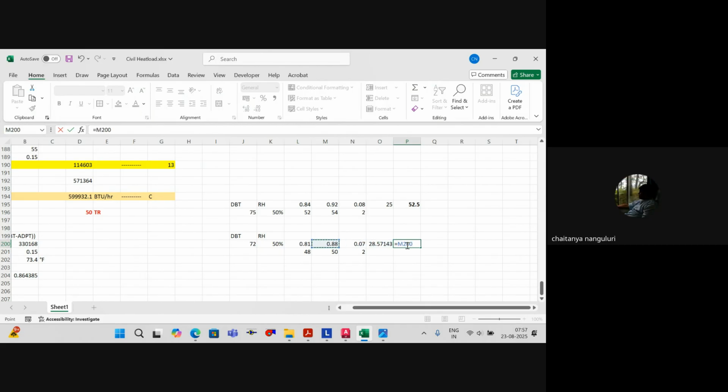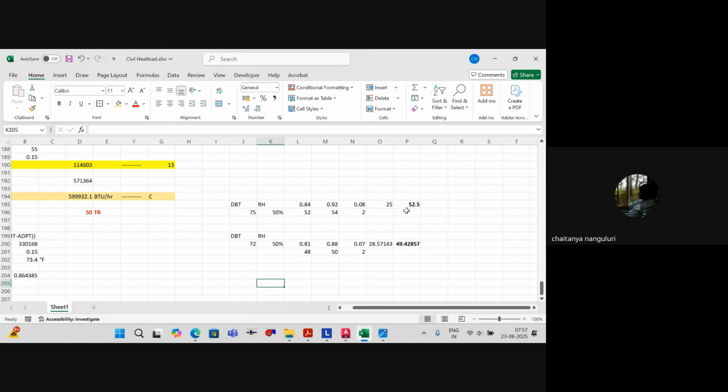Is equal to 48 plus 0.05 into this one. You agree? You will get this value as 49.42.